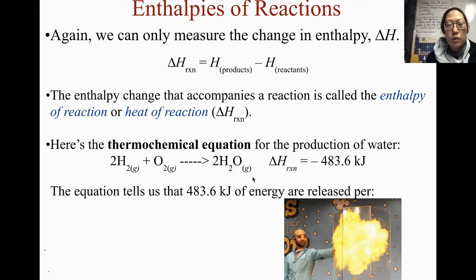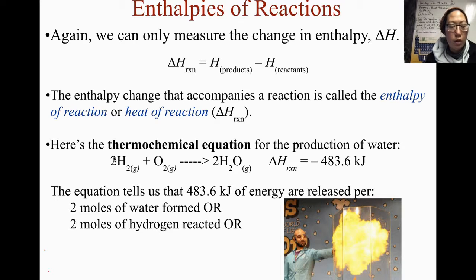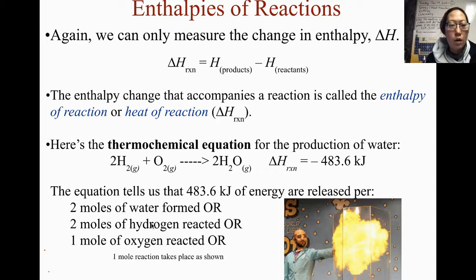It is important to understand that this release in energy, this 483.6 kilojoules, is released per 2 moles of water formed, okay, 2 moles of water produced, or 2 moles of hydrogen reacted, or 1 mole of oxygen reacted, or 1 mole of reaction taking place as written.